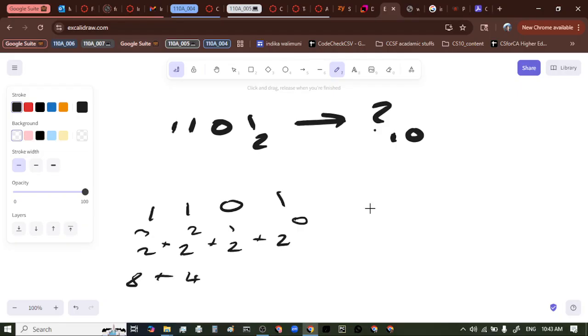If you want to write it, I should have written it like this. Okay, so I'm gonna go back. So this is 1 times 2 to the 3, plus 1 times 2 to the 2, plus 0 times 2 to the 1, plus 1 times 2 to the 0.